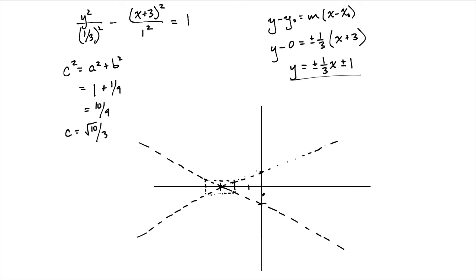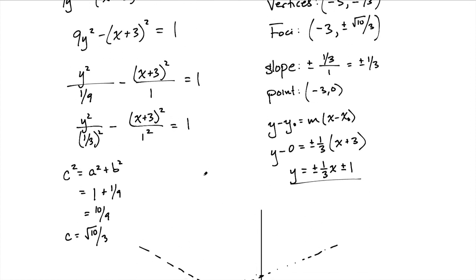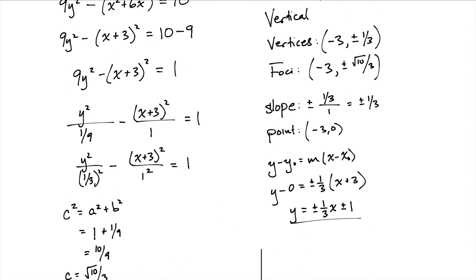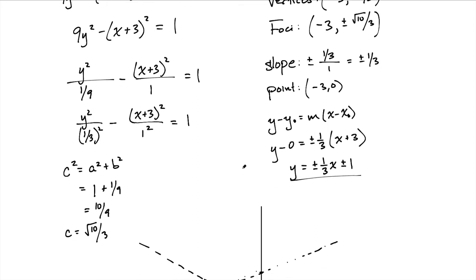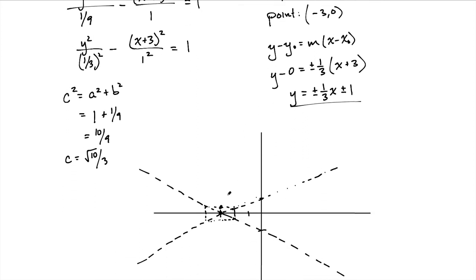Okay, so that helps us to graph them a little bit better. And this was a vertical hyperbola, and so we draw this vertically. There are vertices, and follow those. Oh, that was sloppy. Follow those asymptotes.